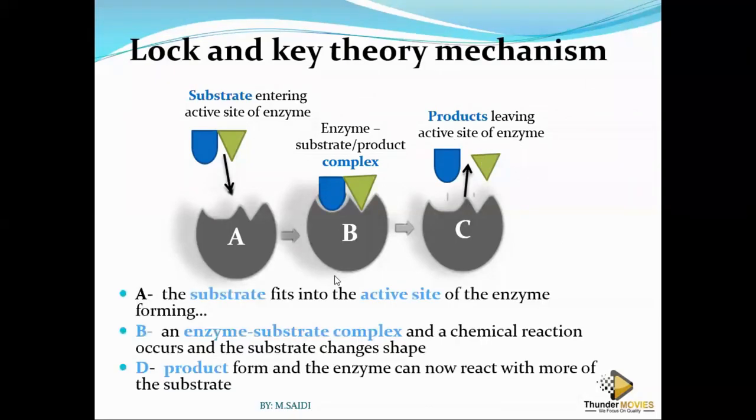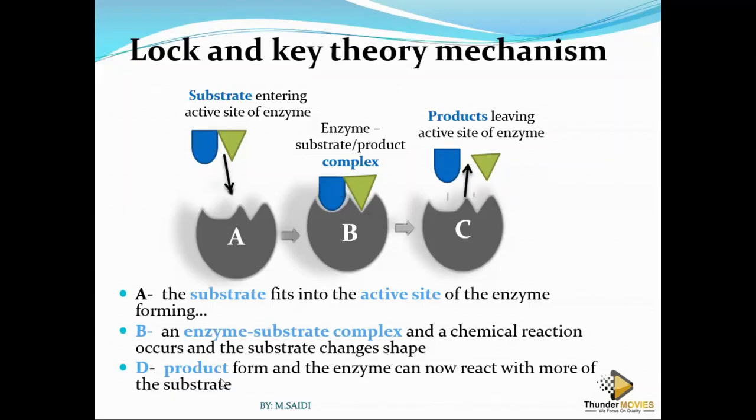So basically, this is trying to explain what's happening. A substrate fits into the active site, forming an enzyme substrate complex. Then a chemical reaction occurs and the substrate changes shape.